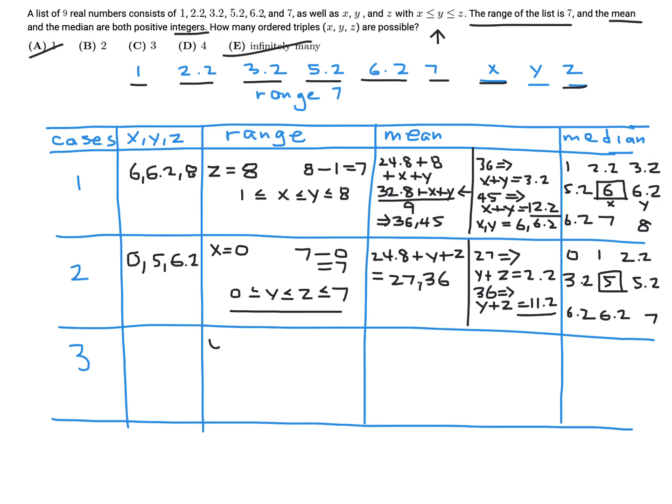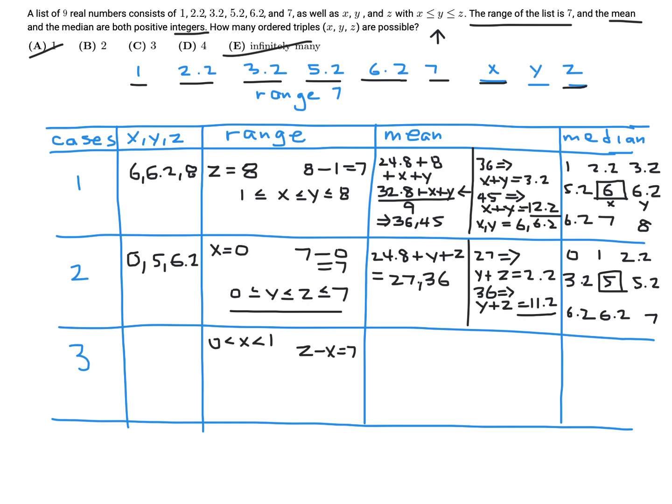cross that out. And then we've got the next scenario, which is when the x is between 0 and 1. Now, at this point, the range would be... well, let's see here. The range has to be 7, so this time we're making z minus x equal to 7.